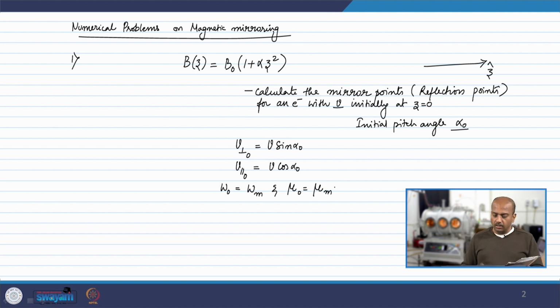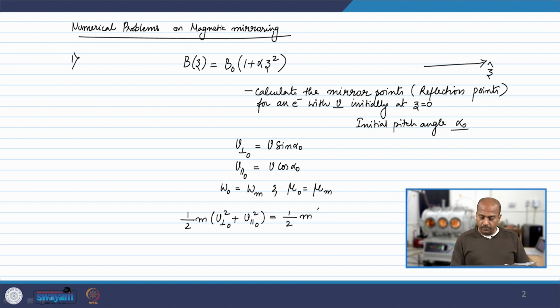Let us write the conservation of energy: half m times V perpendicular 0 square plus V parallel 0 square has to be equal, at the mirroring point, to V perpendicular m square plus V parallel m square. The suffix m indicates the mirroring point and 0 indicates the initial point.